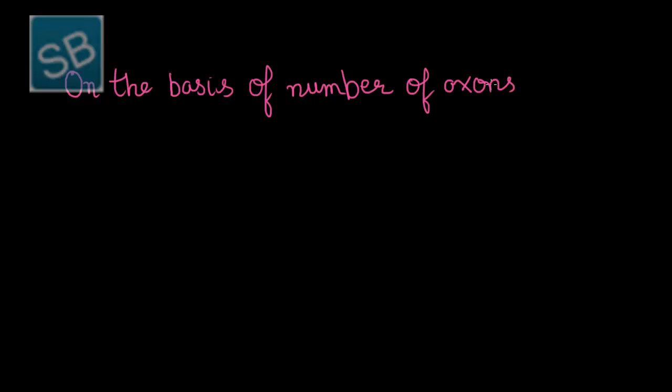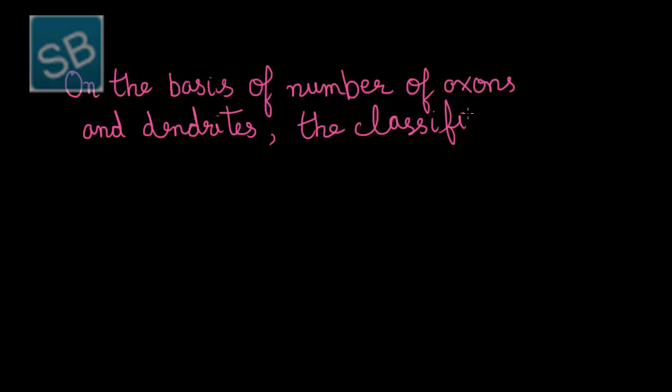Now, on the basis of the number of axons and dendrites in a nerve cell, the classification of the nerve cell or neuron is made, which divides neurons into three types.